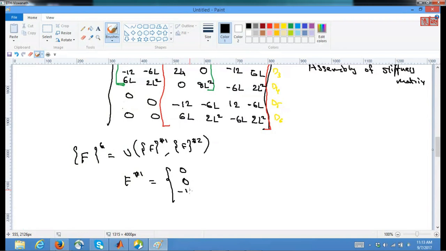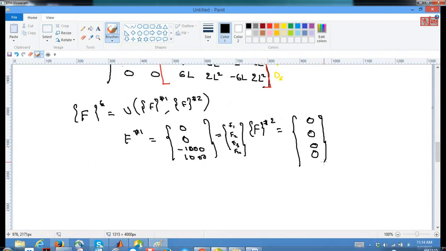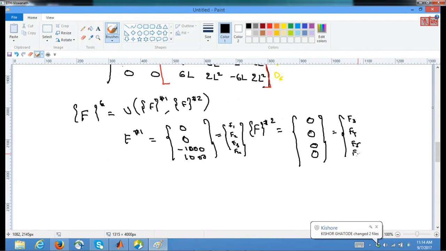Next, f for element 2 is nothing but all zeros because there is no loading on element 2, that is for f3, f4, f5, f6.